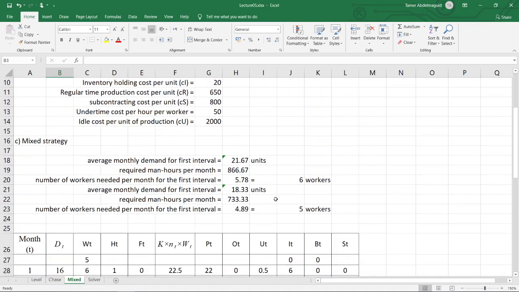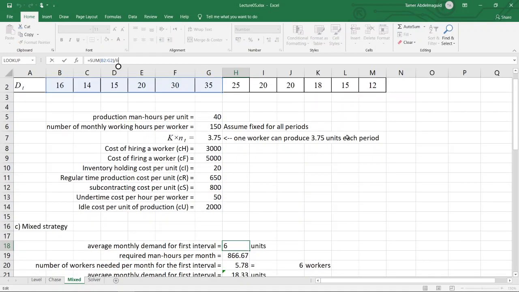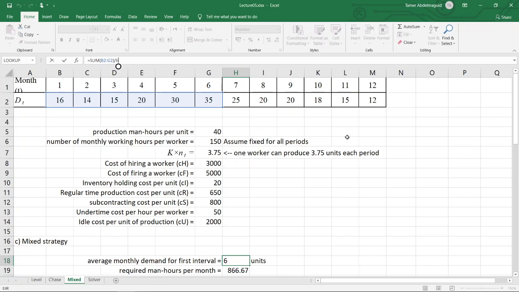Basically, based on the given data, I thought I can divide my periods into two 6-month periods.